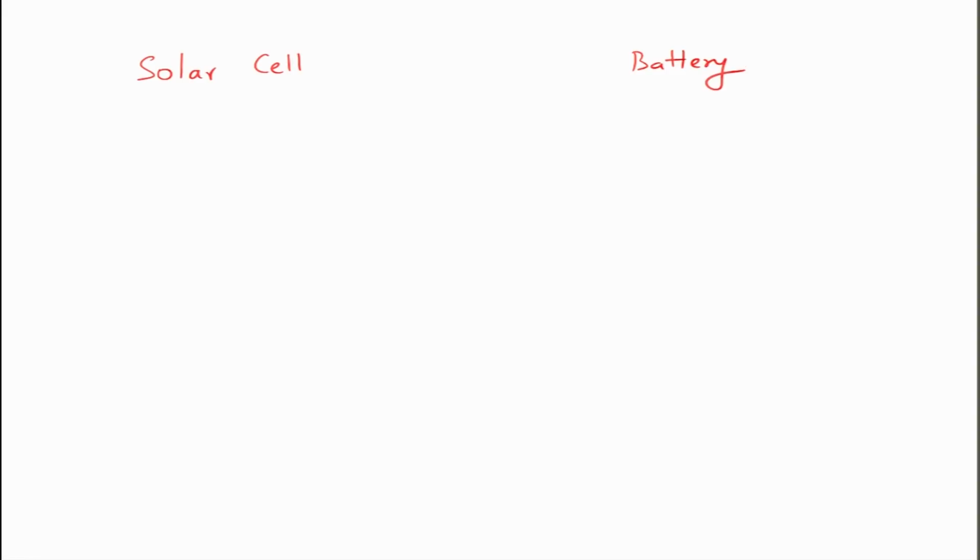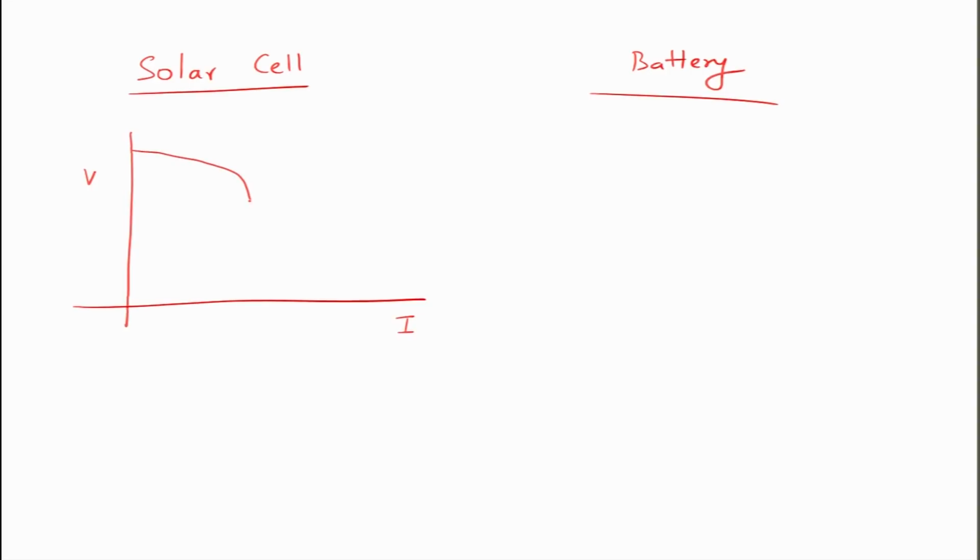A solar cell generally gives you characteristics which are like this. So, in case of a solar cell, if you plot current as a function of voltage, without bothering too much about the sign, you have something like this kind of behavior.